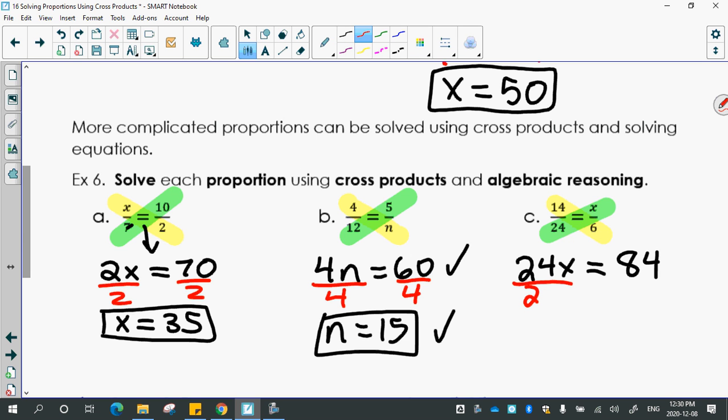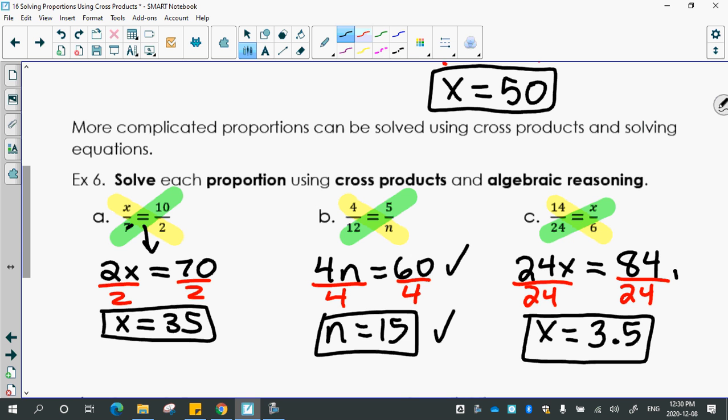Divide by 24. And you get 3.5, exactly, so that's fine. And you would have gotten 2 marks for that question as well. Okay, so 1 to show your cross product, or equal, okay, and 1 to show your answer.